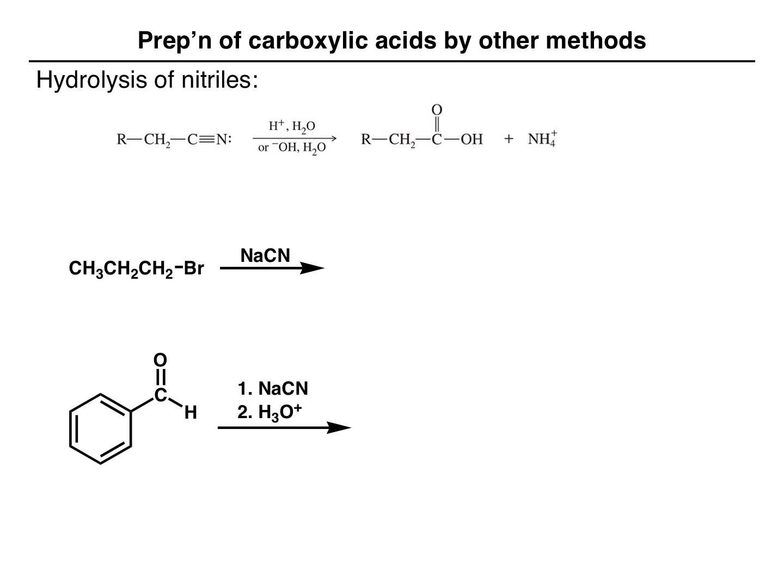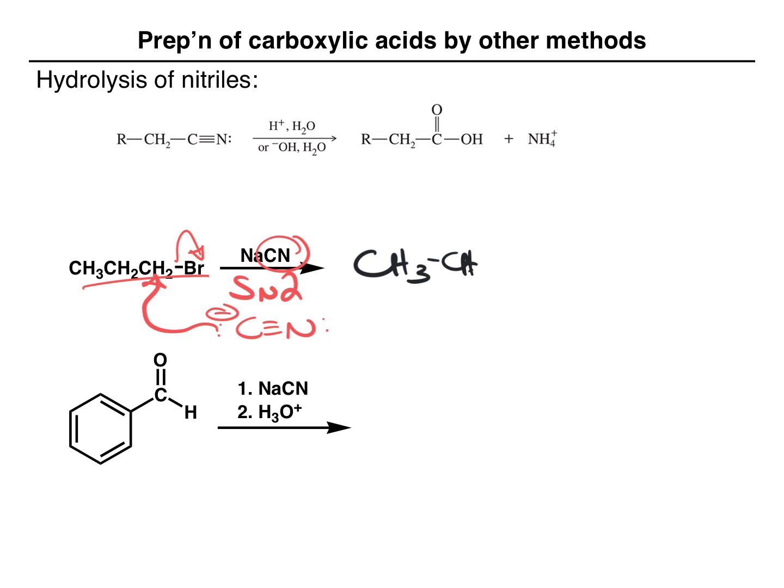So for example, we have seen SN2 reactions where an alkyl halide can be treated with cyanide. Cyanide is our nucleophile. It can add to this carbon, pushing away bromine as a leaving group, giving us this product.